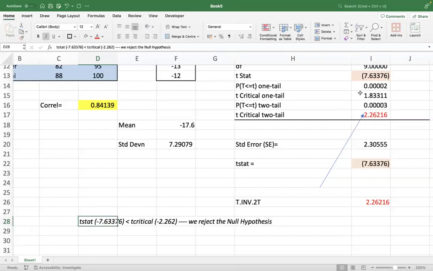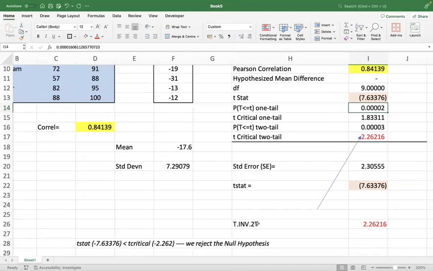Next is to look at your p-value. Your p-value is much lower than 0.05.